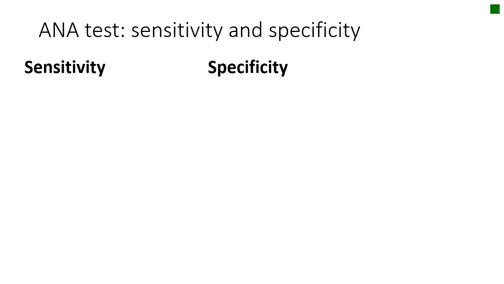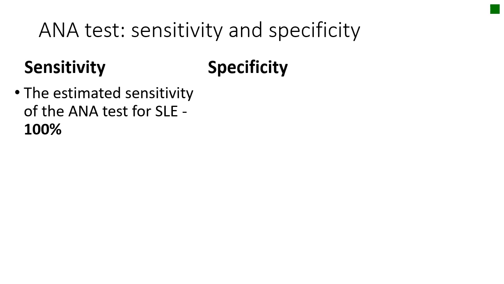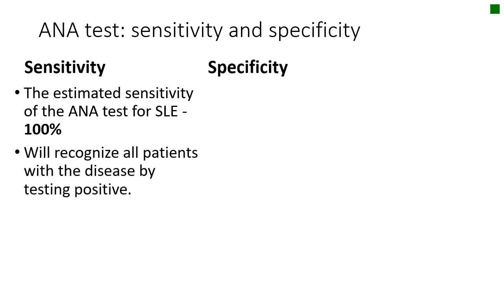Now, if we come to the ANA test, we have come to know that its estimated sensitivity is 100% for SLE, which means it will recognize all those patients with the disease by testing positive.